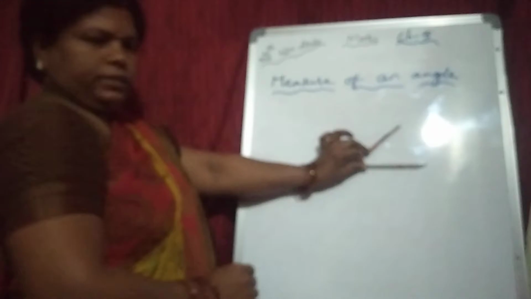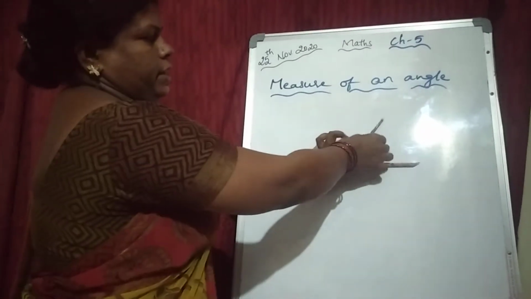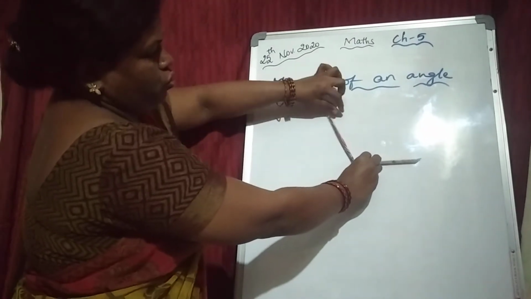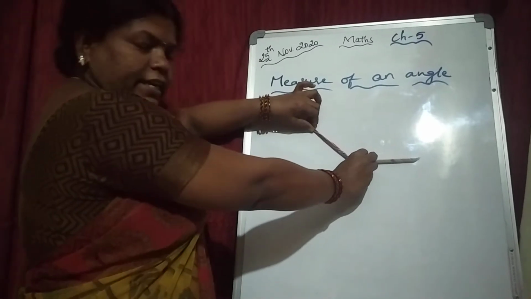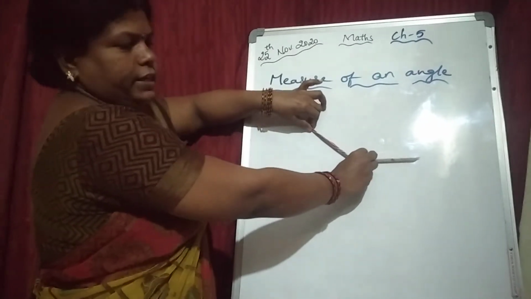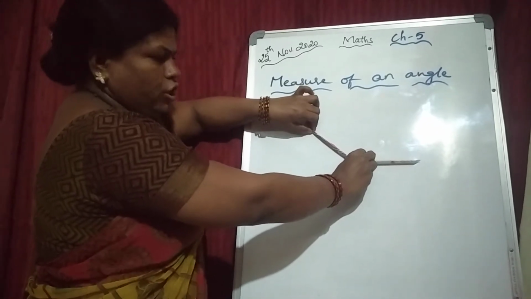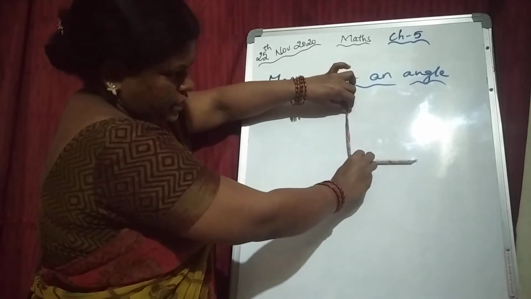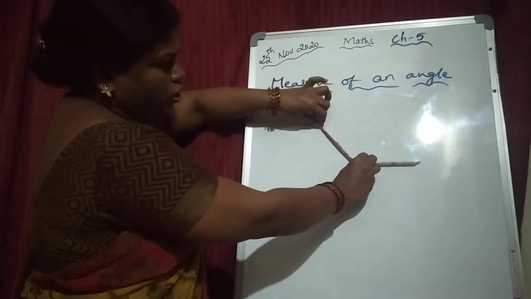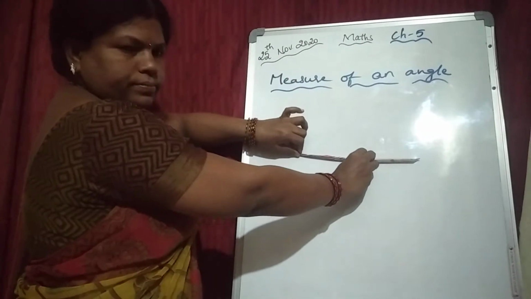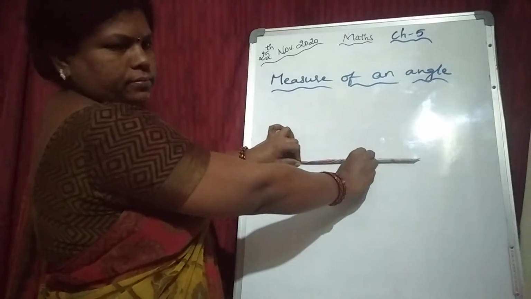Less than 90 is acute, right angle, and more than 90 is an obtuse angle. More than 90 degrees we call an obtuse angle, and this is a straight angle.